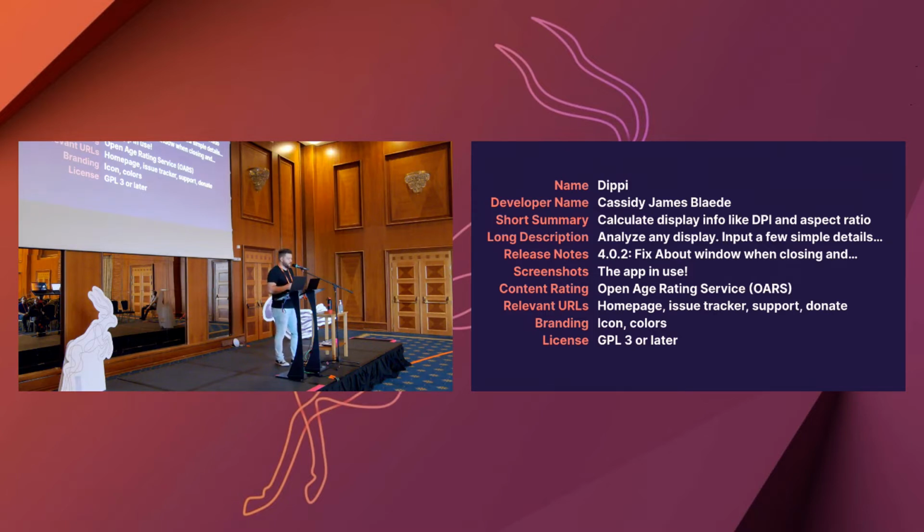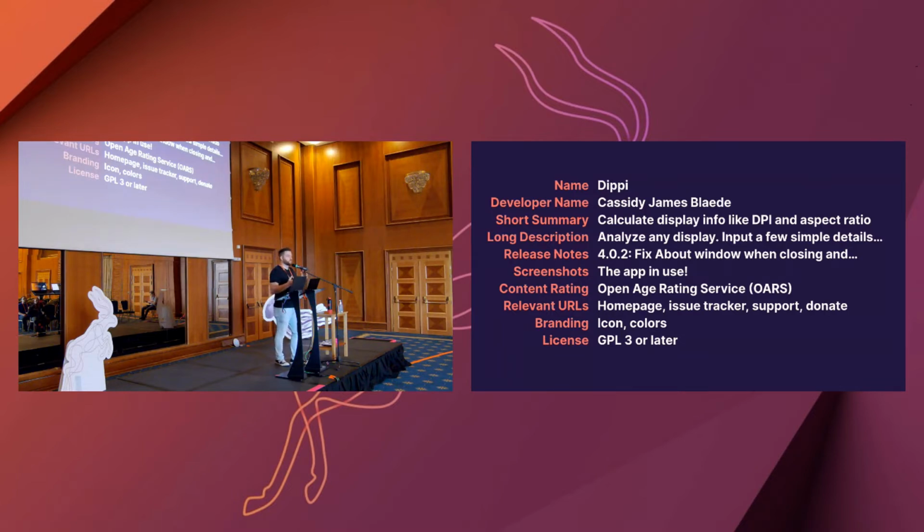And then there's content rating, which I'm sure there have been whole talks about. The Open Age Rating Service, OARS, is a really cool initiative where developers can self-describe the type of content in their apps, and then it is encoded, there's a specification, as different categories with different ratings, and then app stores can take that information and do things like say, this app is appropriate for kids ages 10 and up, or this app is only appropriate for teens, or this app is appropriate for adults.